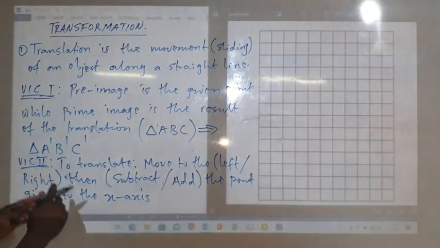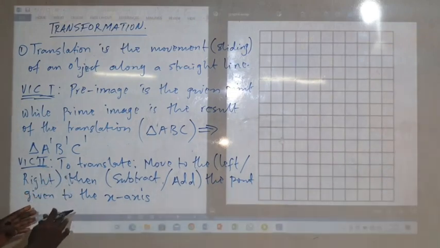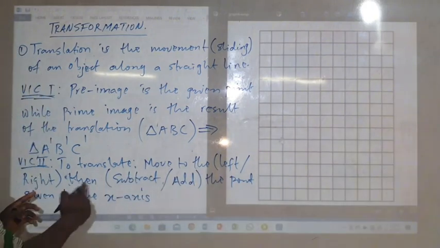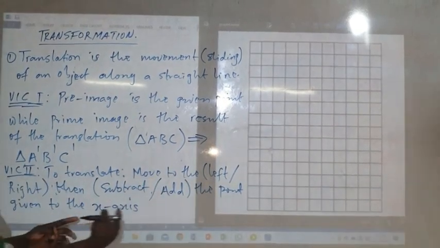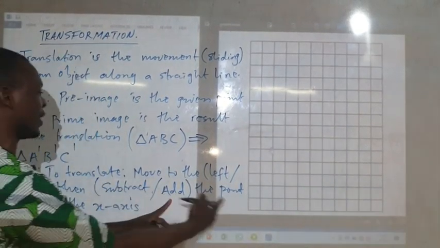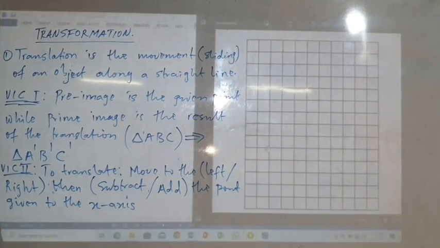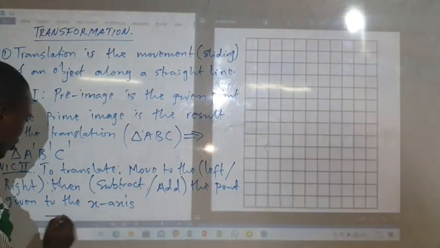We are going to be given a point, which we call the position vector, under the X-axis. So it's going to be left or right. Left, we are subtracting from the X-axis, and right, we are adding to the X-axis. This is for the first VIC, that is on the horizontal axis.